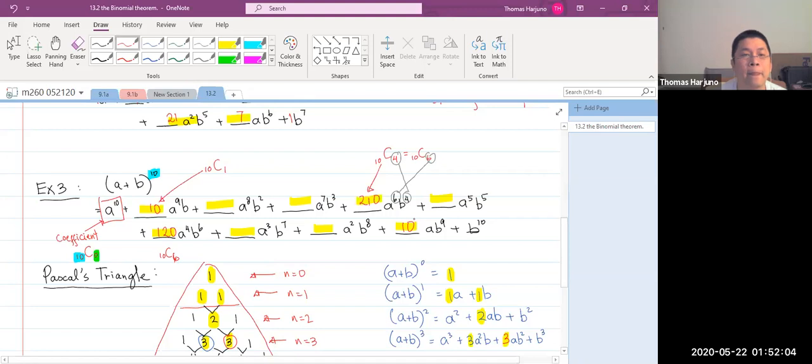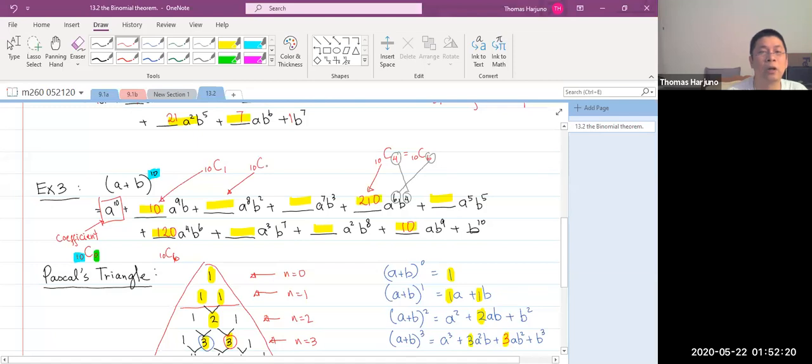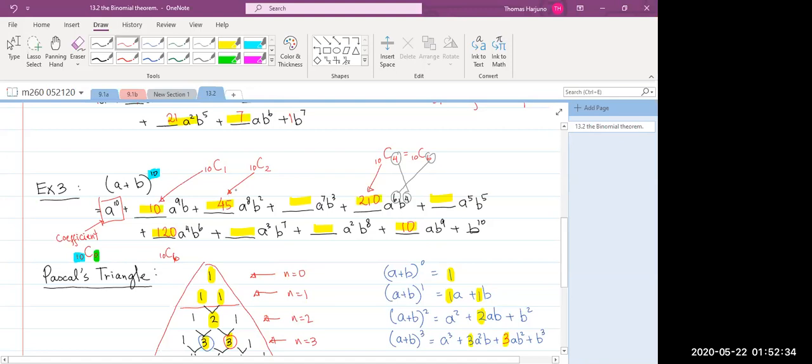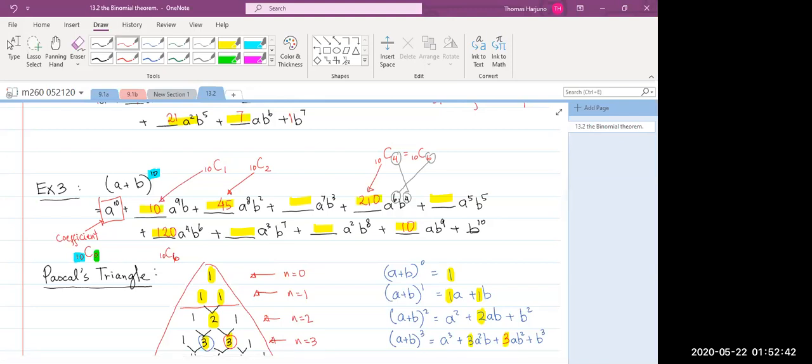Okay. Now, how about this guy here? Oh, 10 combination 8, or 10 combination 2, which is 45. But if I know this is 45, which other term gives you coefficient 45?